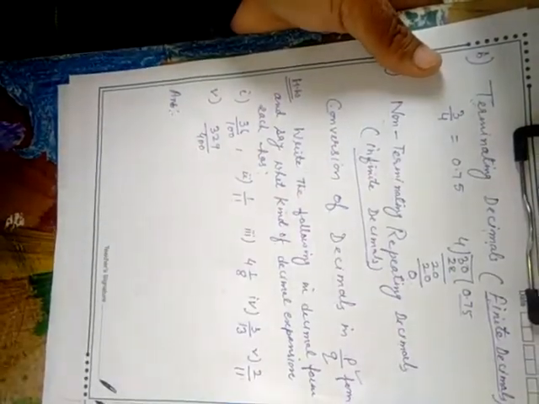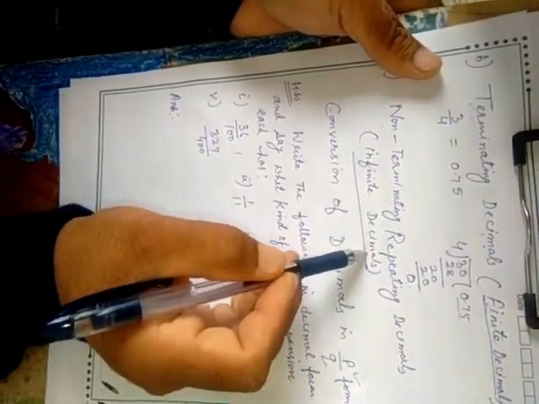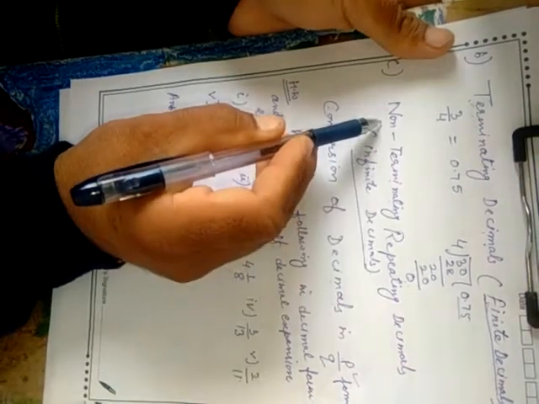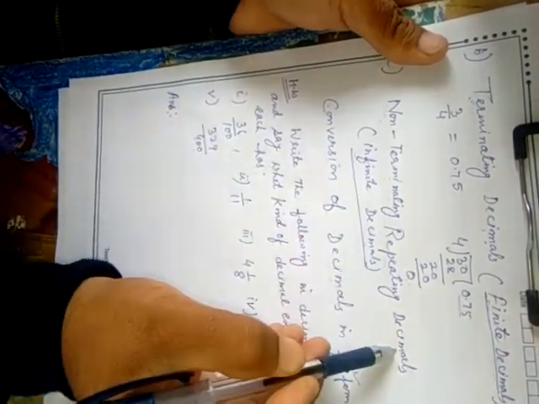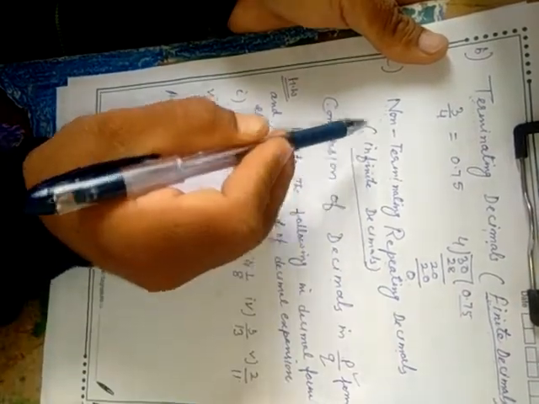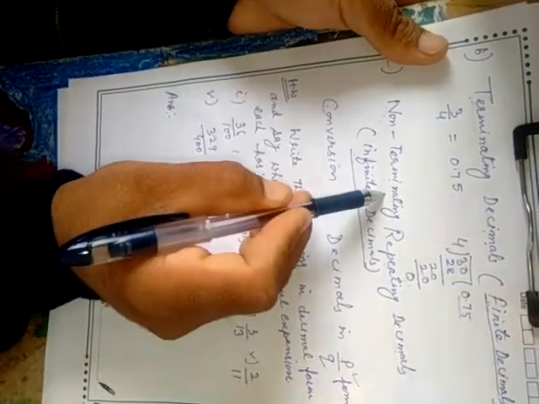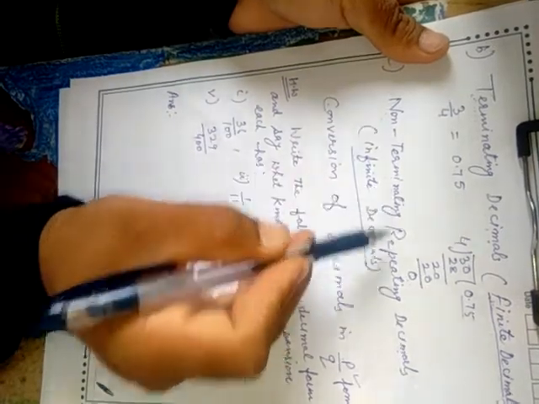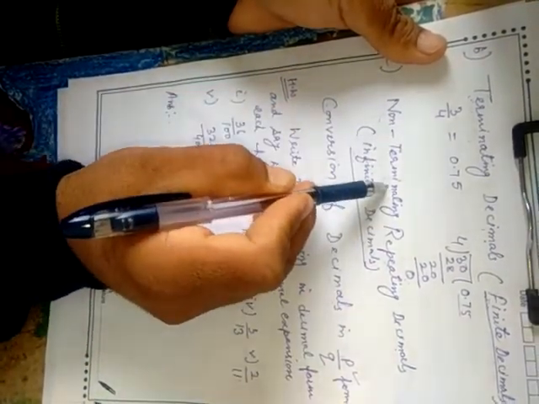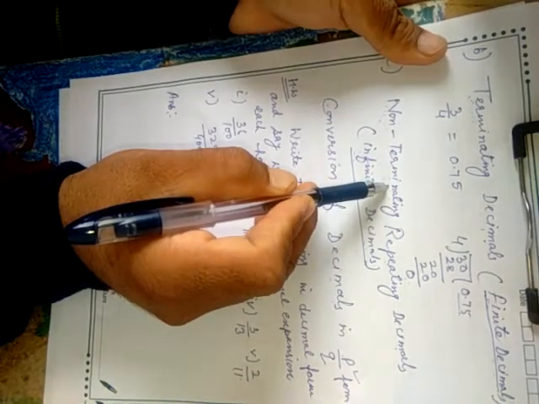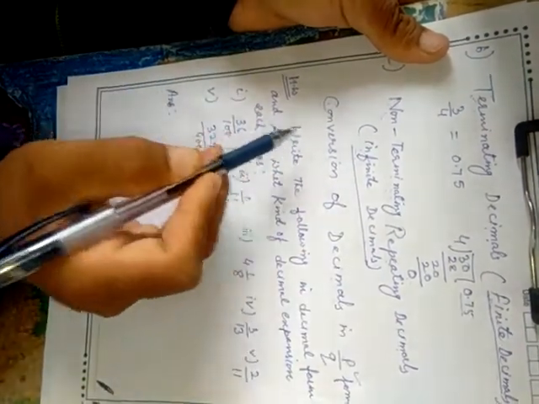This type of decimal representation of a rational number is known as non-terminating repeating decimals. Non-terminating means your remainder never becomes equal to 0, and repeating decimals.